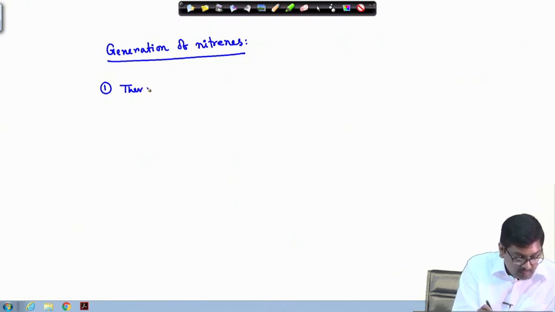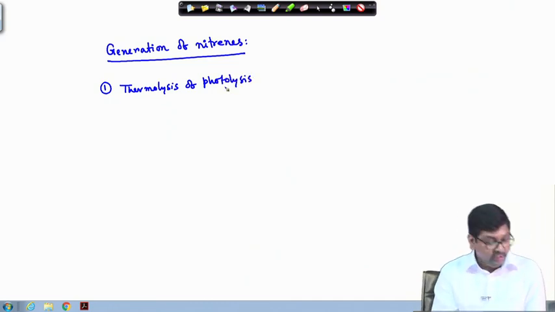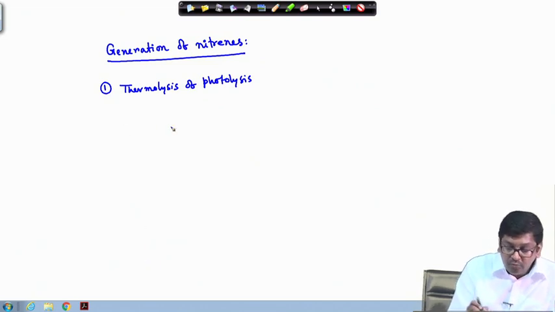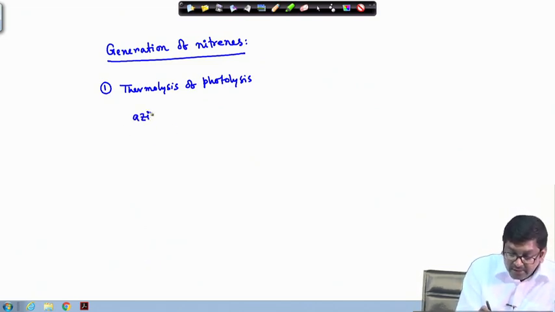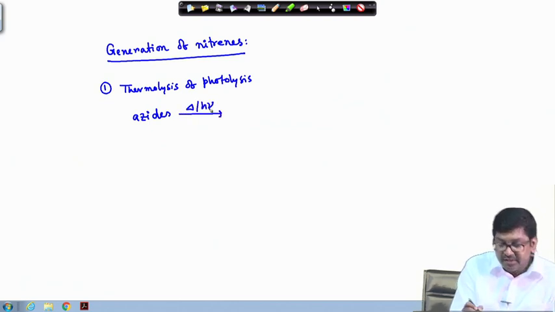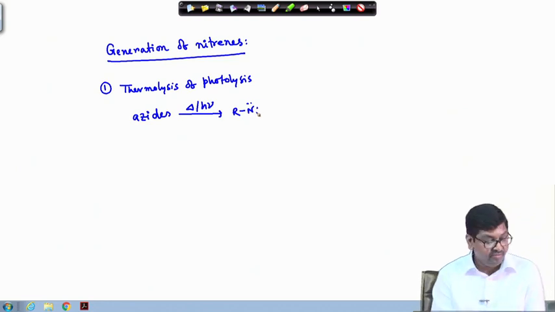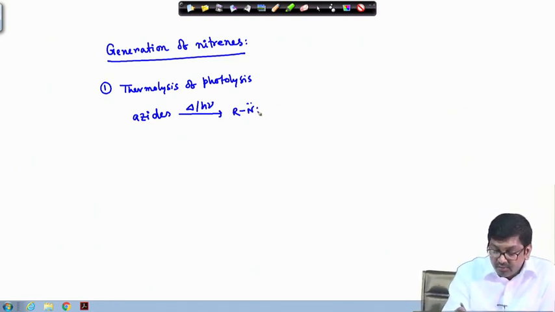So, the first method could be the thermolysis, or photolysis. Okay. In this case we have to irradiate azides, either heat or h nu, depending upon the requirement or reactivity, we can generate the corresponding nitrene and it will liberate nitrogen.